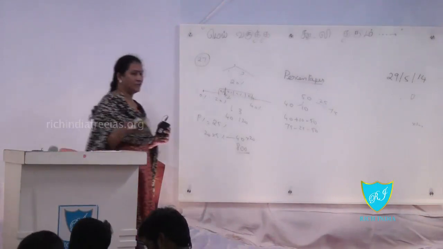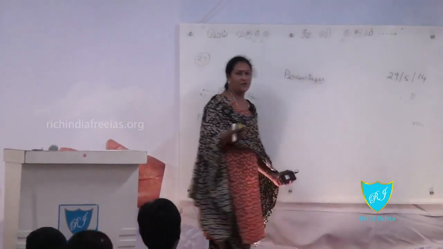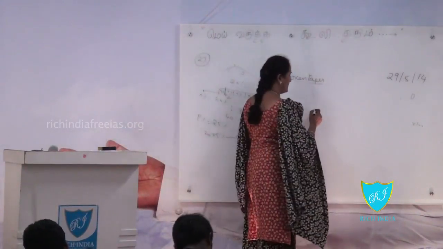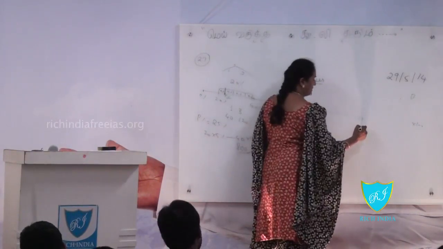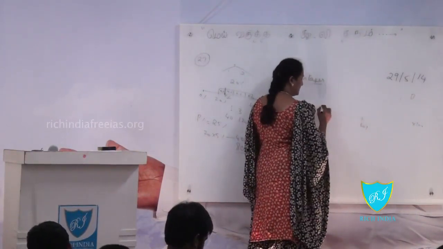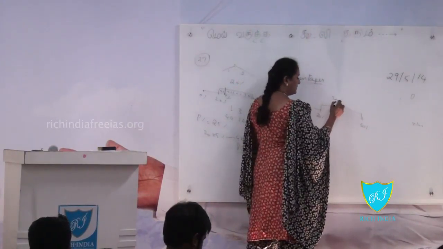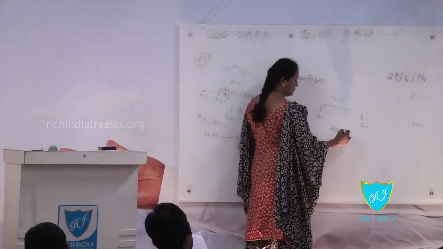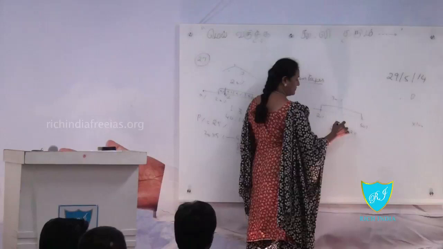So for the 36th question, the percentages are 20 and 50. So in this region, what percent of marks do you have? 30% marks. By how many marks does he pass and how many does he fail? Both are the same, so the ratio is 1:1.